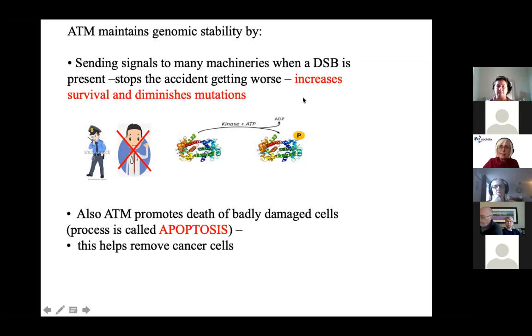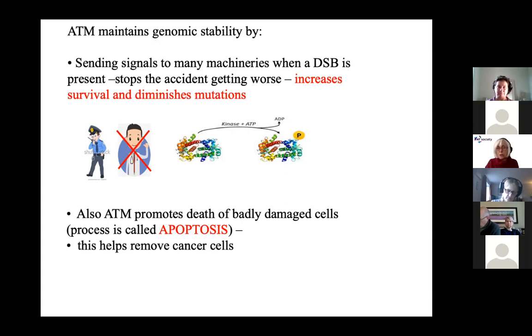So it sends signals to several different machineries. When there's a double-strand break present, it says, stop doing what you're doing, or sometimes it's do things you weren't doing, but stop the accident getting any worse. And what that does is increase survival and diminish mutations arising.